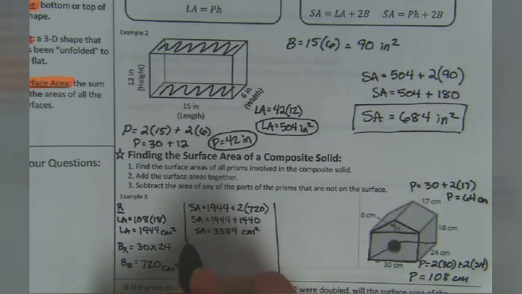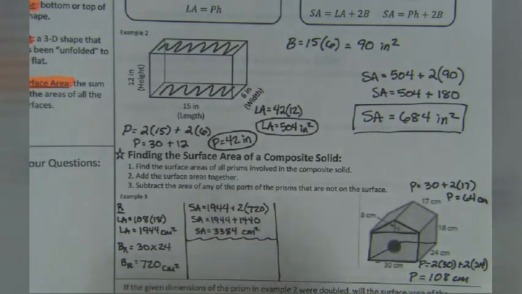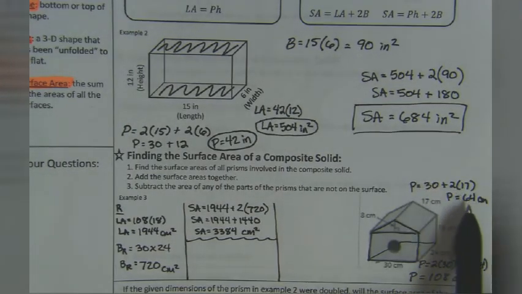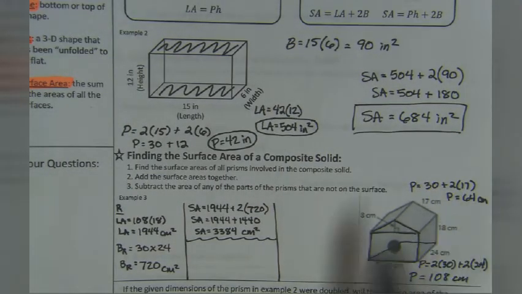Okay, and then I'm actually going to divide this so I can use some of this space for my triangle. All right, so for the triangular prism, we have our perimeter. Okay, I'm going to find our base. So that's going to be, again, this front part here.